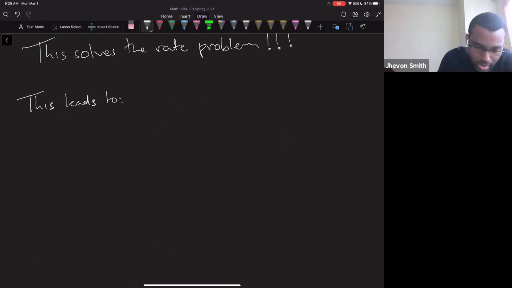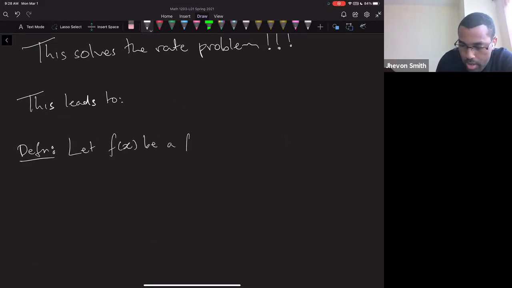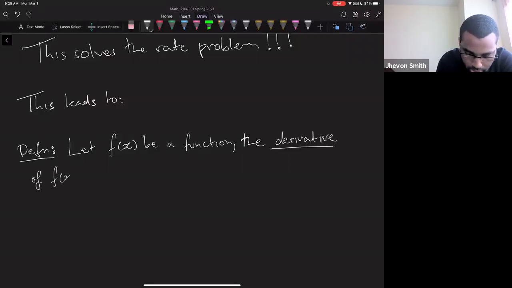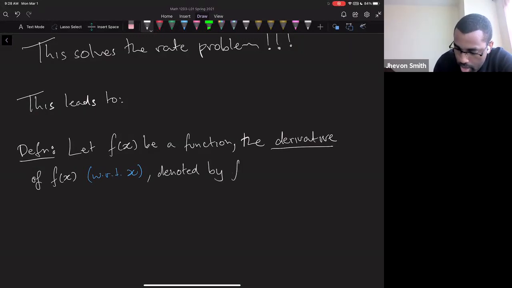our main definition. Let f of x be a function. The derivative of f of x with respect to x, denoted by f prime of x, is given by the limit.